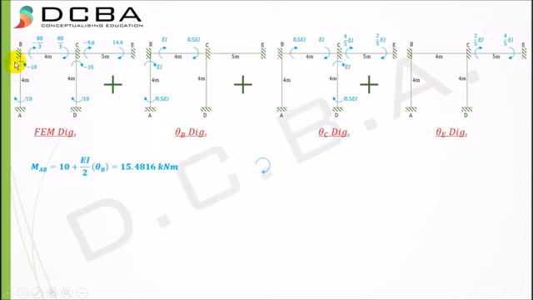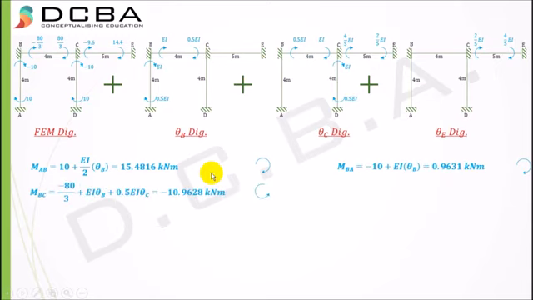Although I've shown it clockwise, the exact value of MBA was minus 10. Minus 10, and then in theta B diagram, it is plus EI into theta B. Then theta C diagram, nothing is there. Theta E diagram, nothing is there. So minus 10 plus EI theta B will give me 0.9631 kilonewton meter.